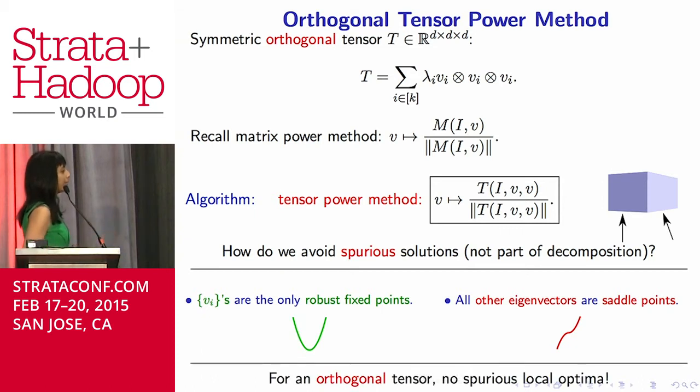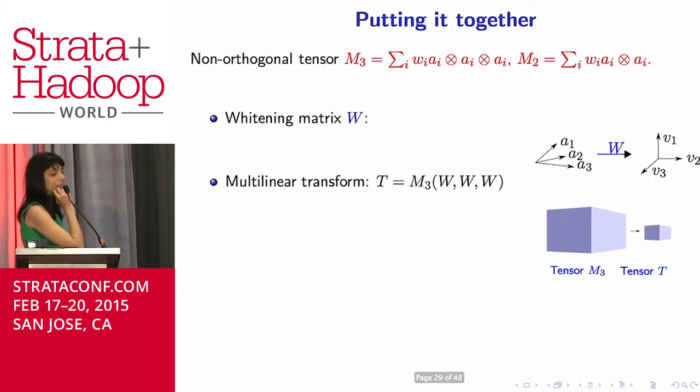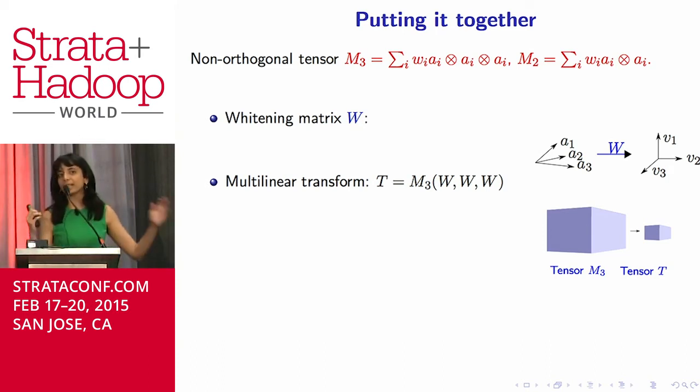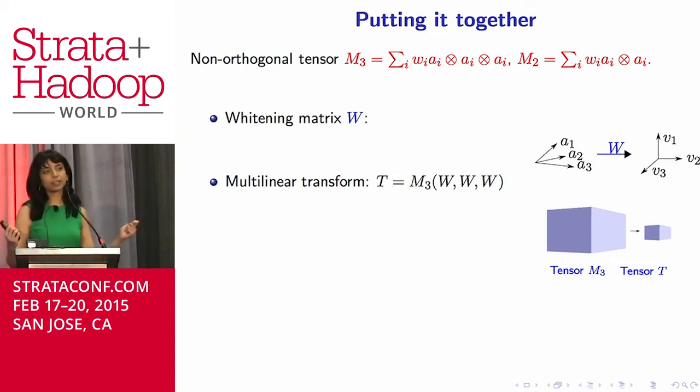The nice thing is, this is true not just for orthogonal tensors, but even for tensors that are not orthogonal. I'll show in a few minutes, if you think of topic models and generate these tensors using word co-occurrence counts, these components will not be orthogonal in general.